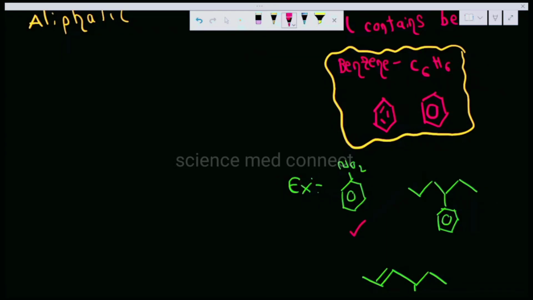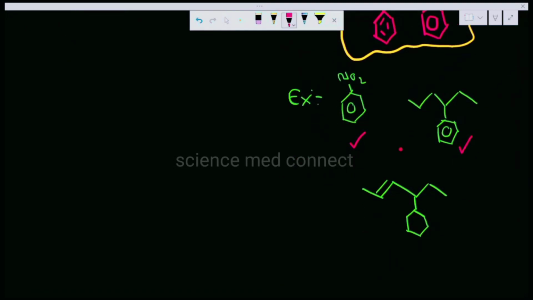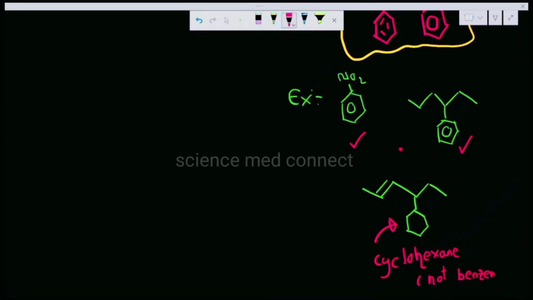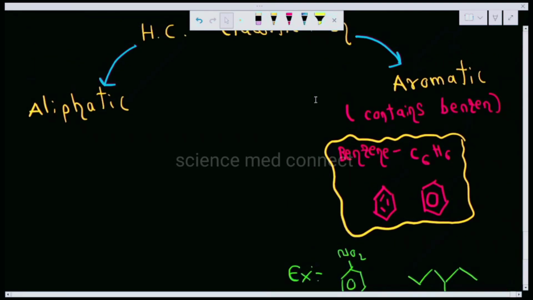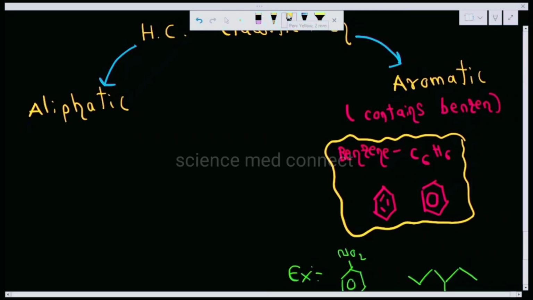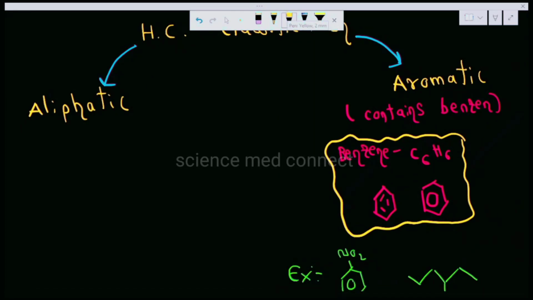So you can see the first and second molecules are aromatic hydrocarbons, but the third molecule doesn't have a benzene ring. It's not a benzene ring, it's a cyclohexane molecule, so it's not an aromatic hydrocarbon. I think now you understand how to identify aromatic hydrocarbons.